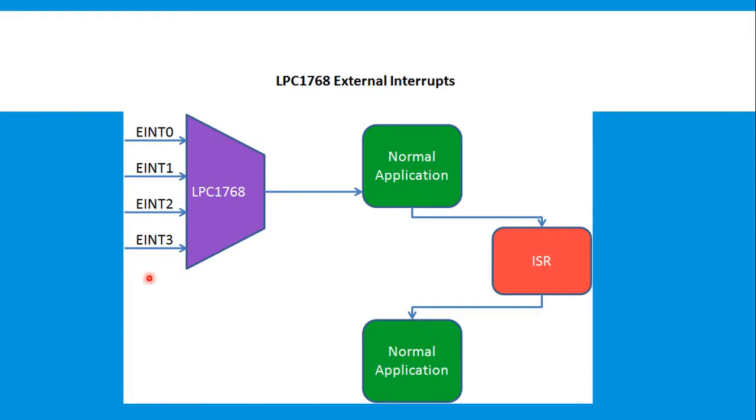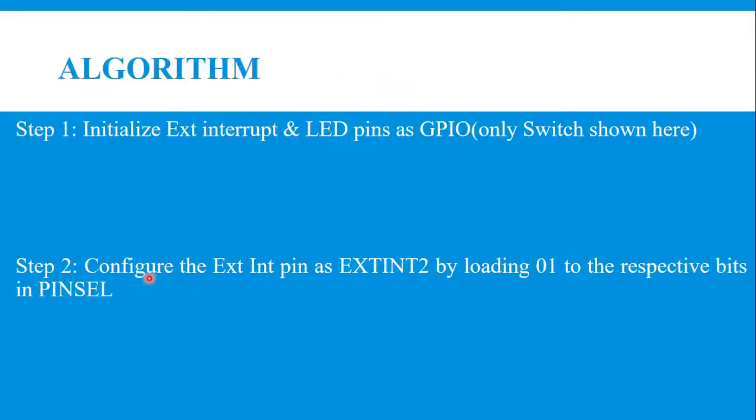Now the common algorithm to get the status of LD10 upon occurrence of external interrupt: the first step is to initialize the external interrupt and LED pins as GPIO. I'll show you the pin for P2.12, the external interrupt, to make it GPIO.